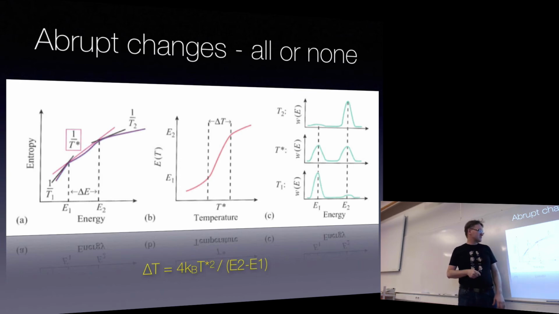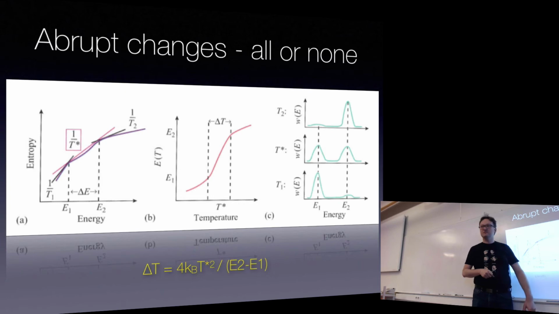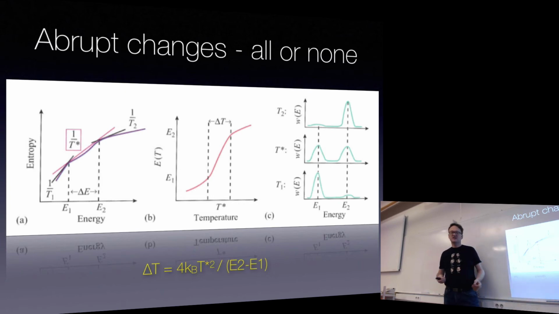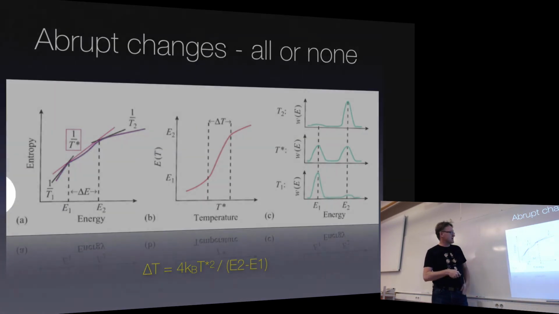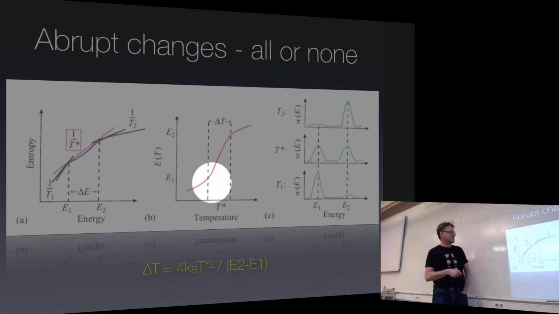So for a protein, small molecular systems, delta T might be in the order of 10 Kelvin. And suddenly we actually have a transition that would happen over a range in temperature, that you would see. So the width of this interval is going to depend on the energies in the system and the temperatures.